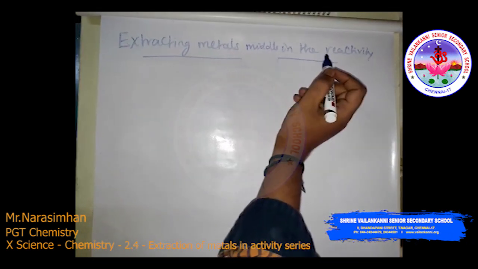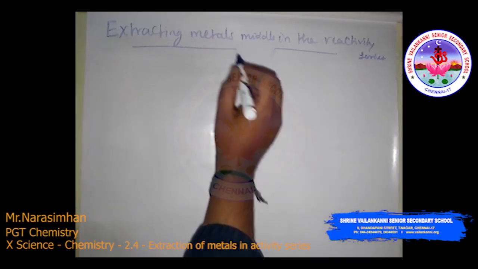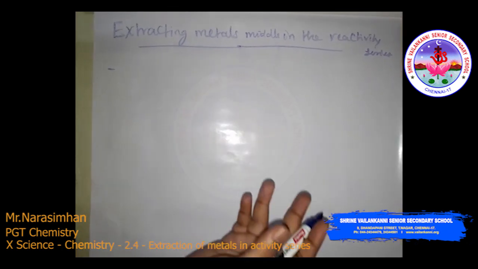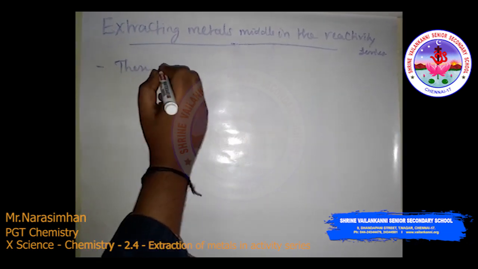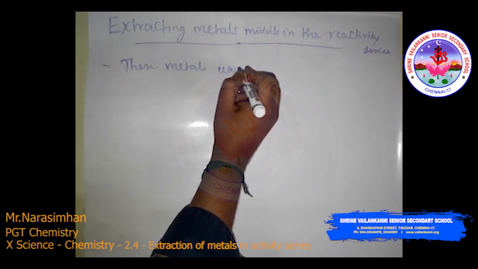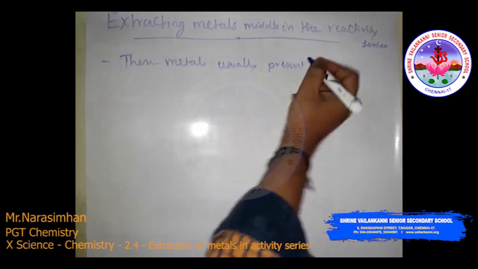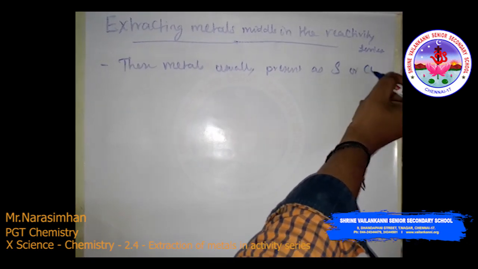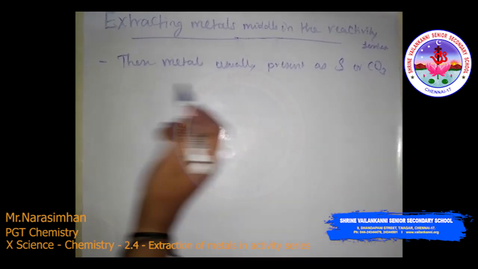Next is extracting metals in the middle of the reactivity series. See, here the first point is these metals are usually present as sulfide or carbonate ores, that is CO3, carbonates.